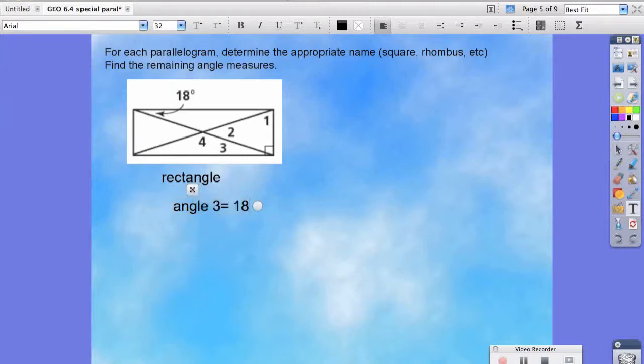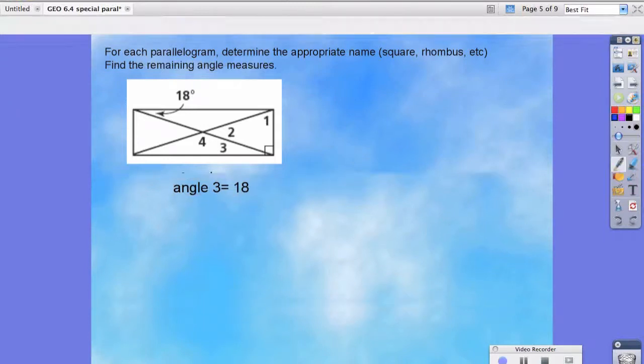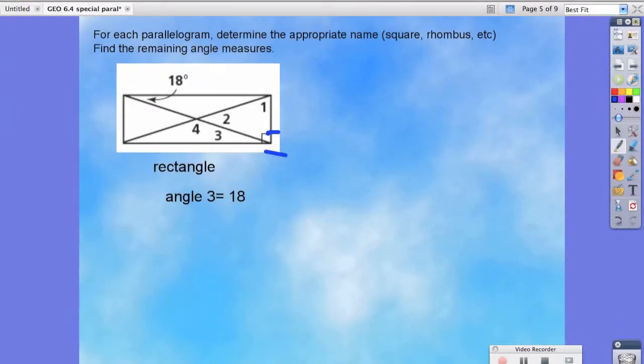Because angle 3 is 70 degrees, that means this angle right here is 72 degrees.